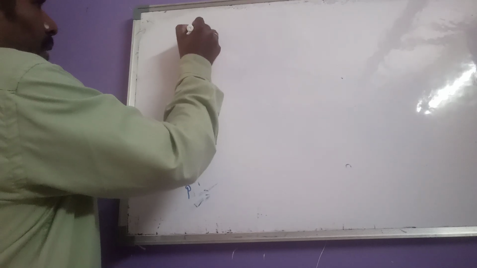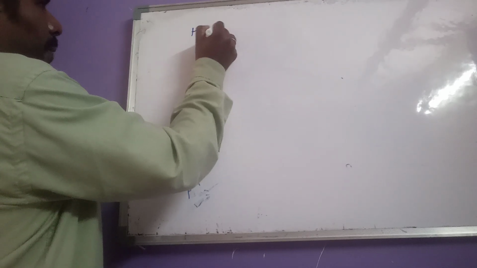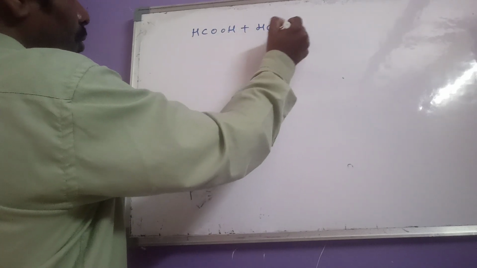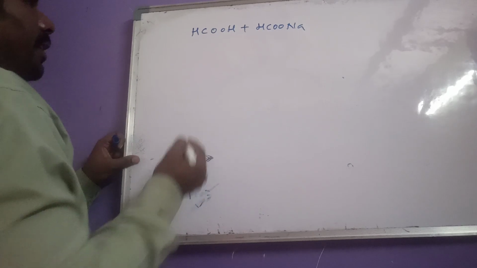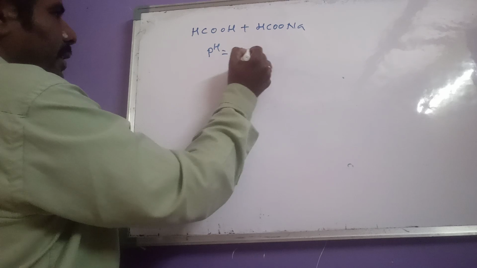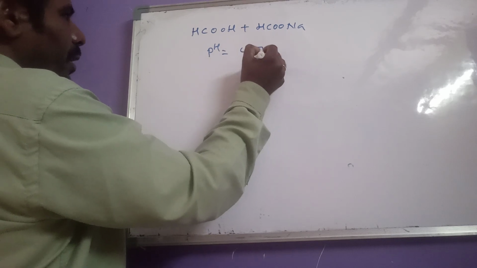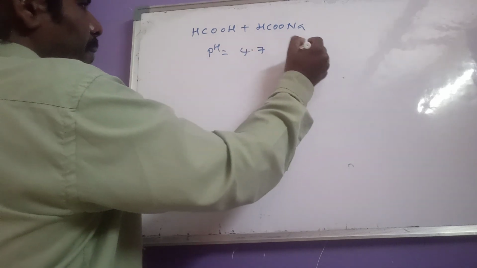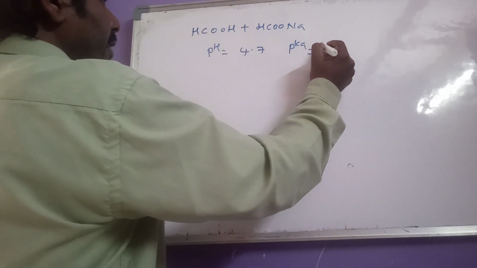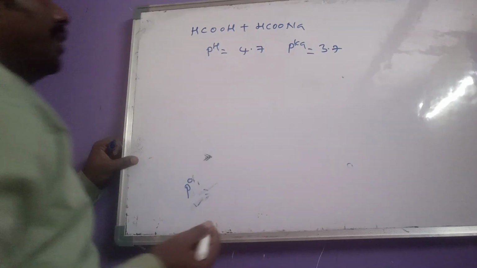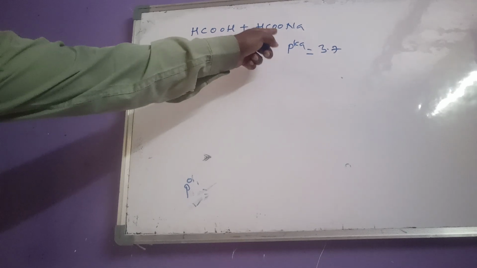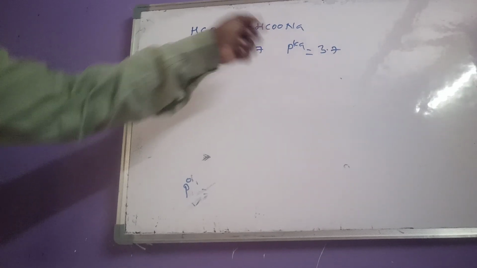For example, a buffer is prepared by the addition of formic acid and sodium formate, and the pH of this solution is, let us consider, 4.7, and the pKa of the acid, let us consider, is 3.7. Now what is the ratio of formic acid and sodium formate?